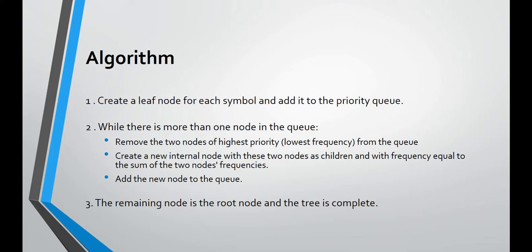Create a new internal node with these two nodes as children and with frequency equal to the sum of the two nodes' frequencies. Add the new node to the queue. The remaining node is the root node and the tree is complete.